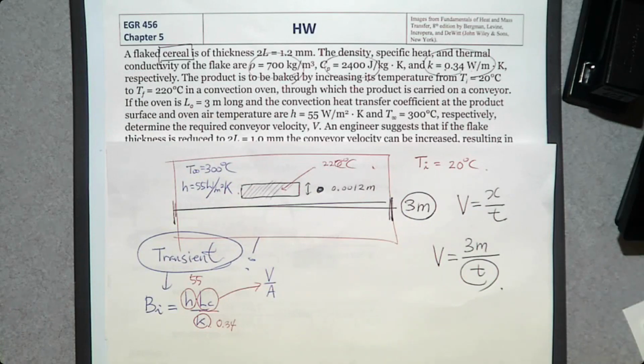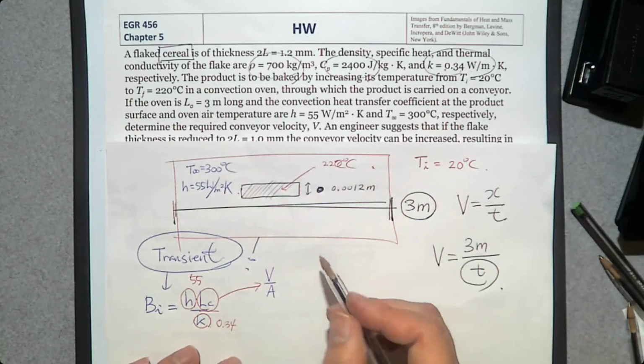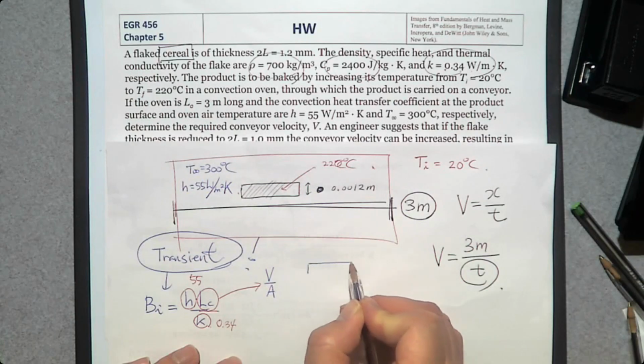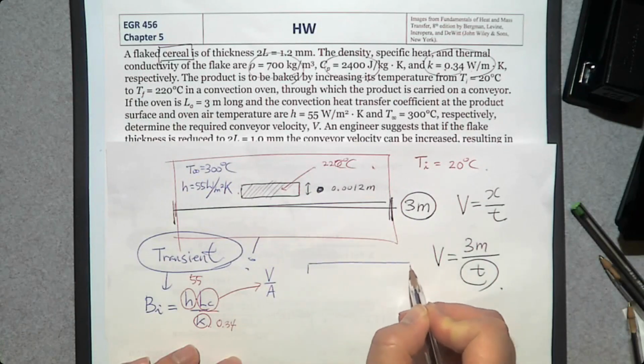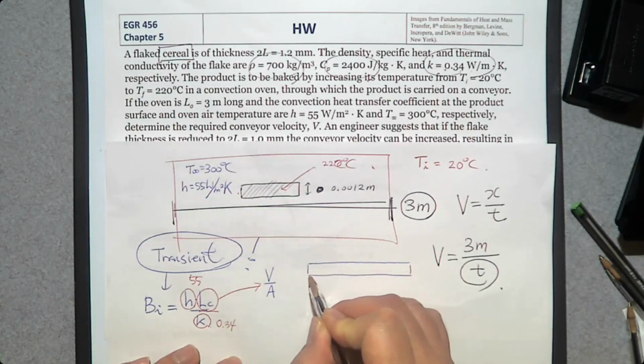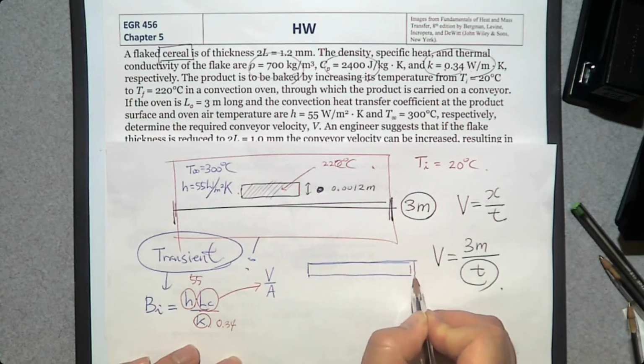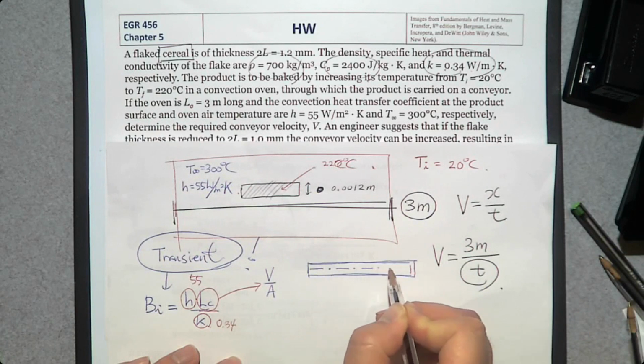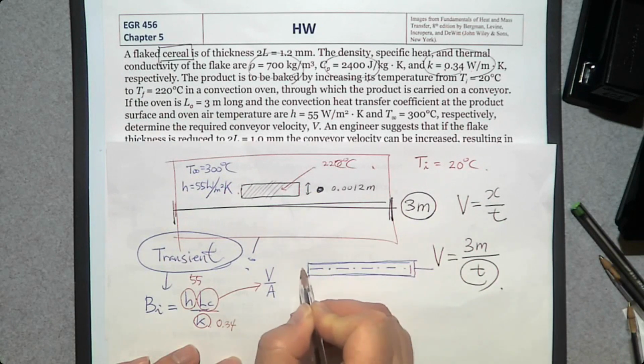Then what is the volume? I don't know. I only know the thickness. Then there is one way to determine this characteristic length. If you only know the thickness, assuming that this solid is extremely long, then the characteristic length is going to be half of the thickness.